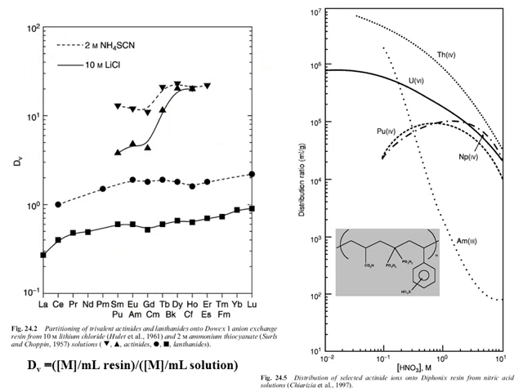Another system which demonstrates the separation amongst the actinides is shown here. Diphonics resin from nitric acid solutions. This is again a distribution coefficient, milliliters per gram. Again, rather large numbers, 10 to the 5th, 10 to the 6th.